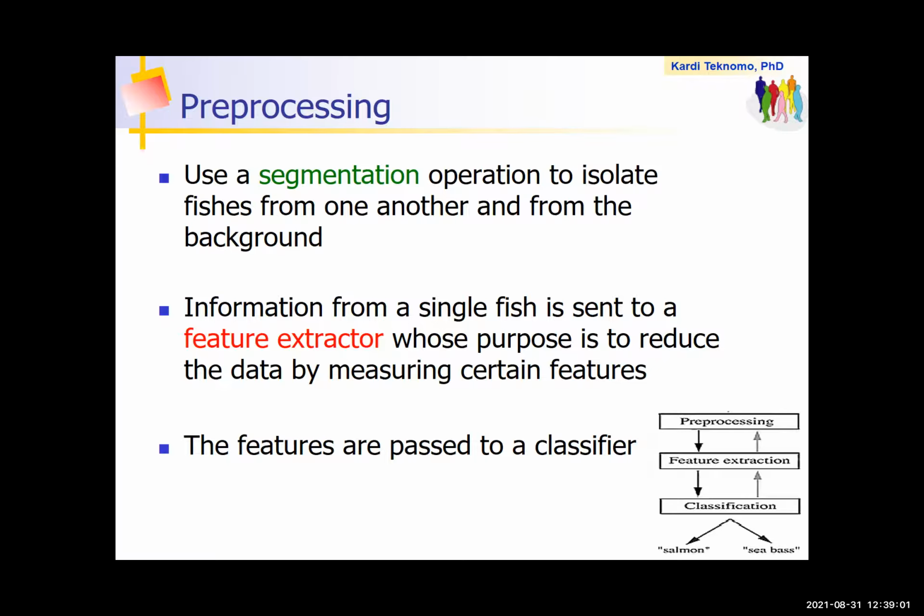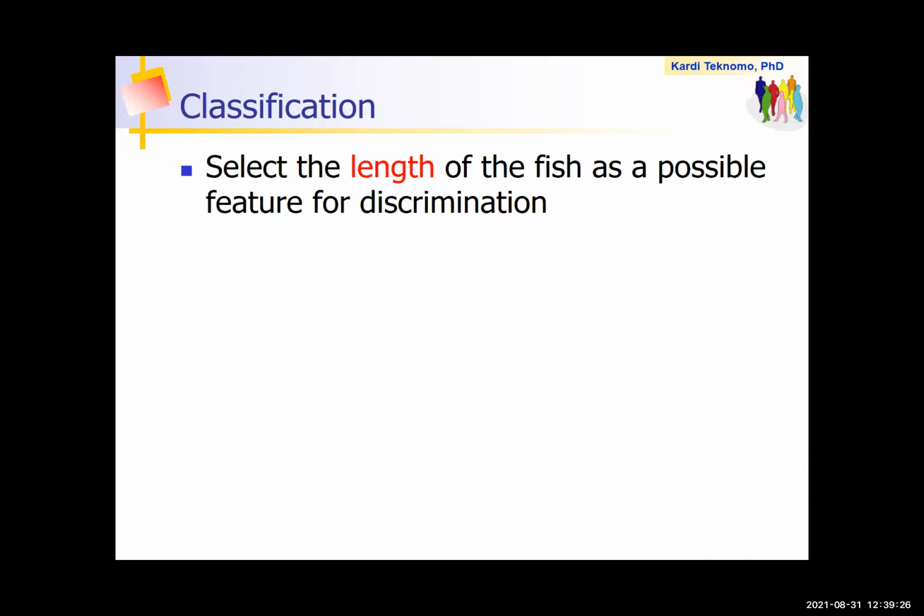Then we use this information from every single fish and it goes to what is called a feature extractor. It is another system, a software called the feature extractor. The purpose is to reduce data by measuring certain features. Then these features will be passed to the classifier.